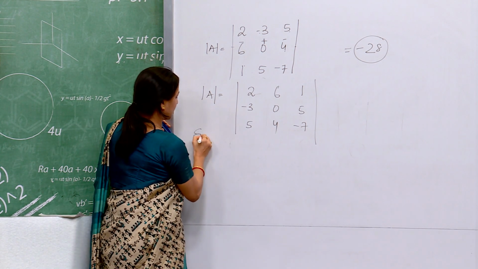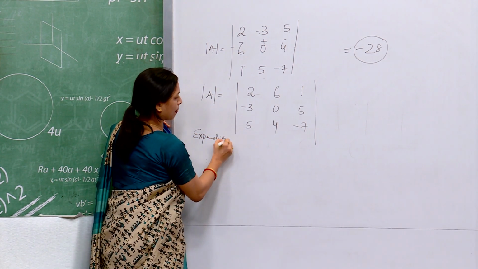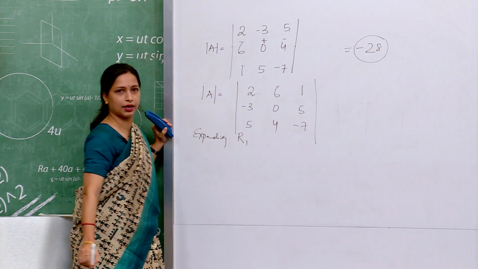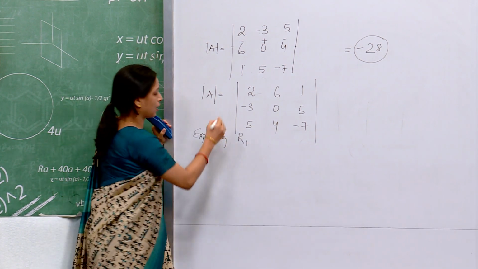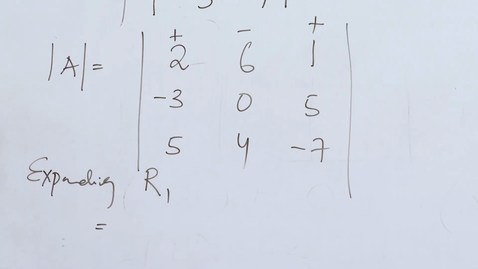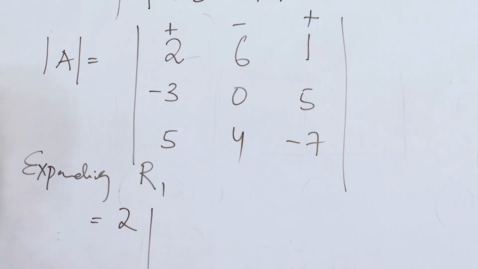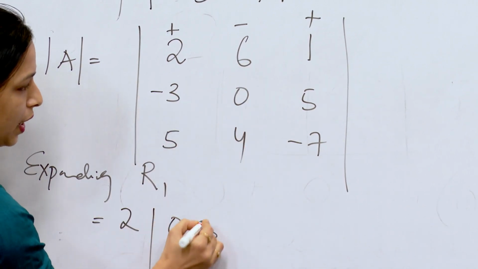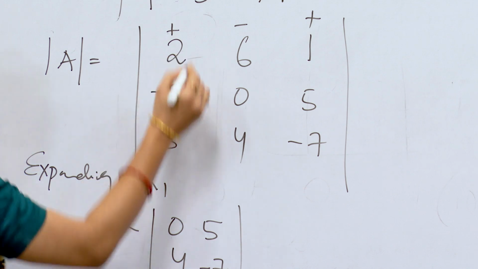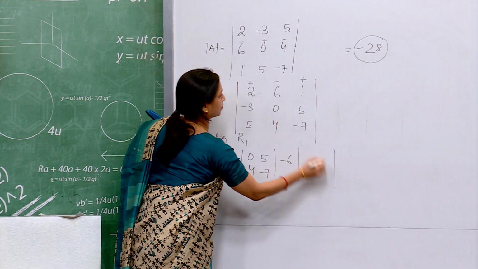Now, I am expanding, let us say, which one do you want? Let us say row 1. So, I am expanding row 1 and trying to find out the value of the determinant. The positional signs are plus, minus, plus, right. So, 2 again. We know this already, how to convert it to a second order determinant, minus 6.